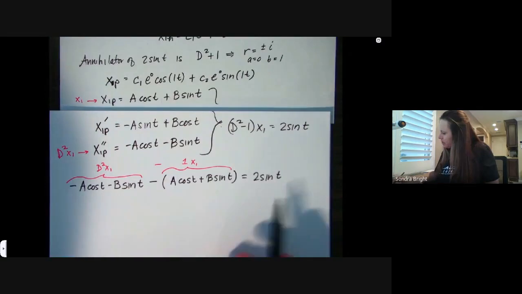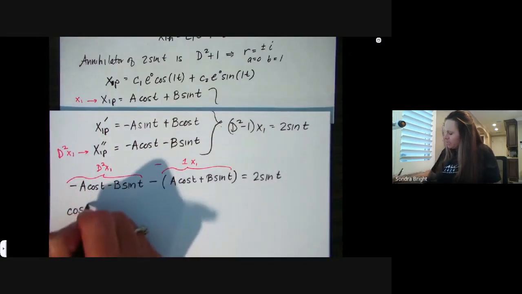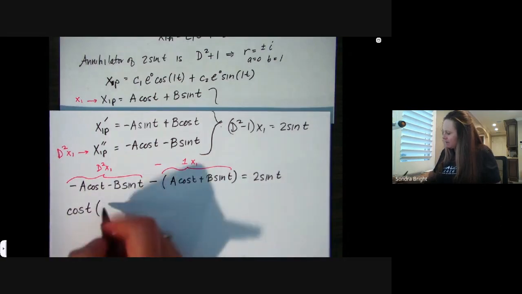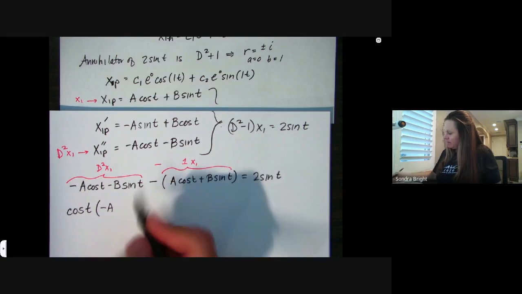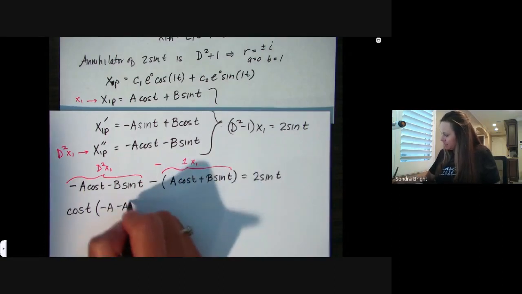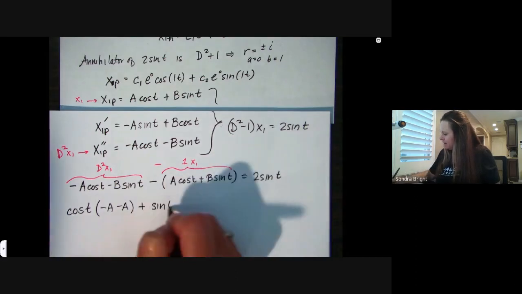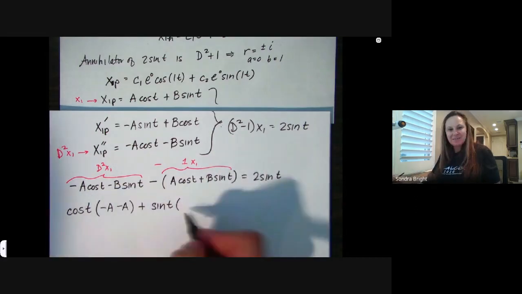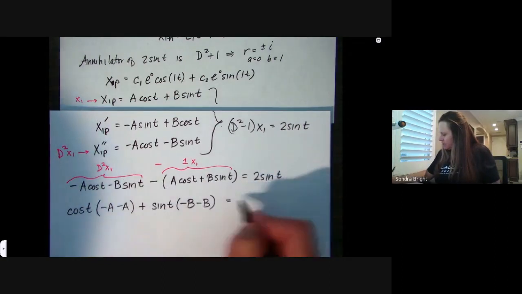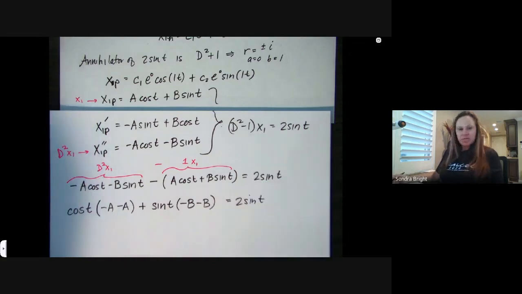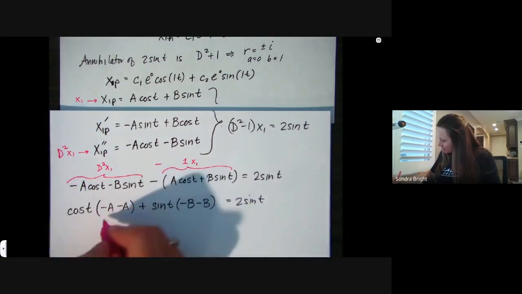Okay. All right. We want to equate coefficients. So I've got cosines and sines in here. I'll collect the cosines together. Cosine, I would have a negative a, and then another negative a. And that's it. And then sine would be a negative b, and then another minus b. And so I don't have a cosine on this right-hand side, which means that this guy must equal 0.